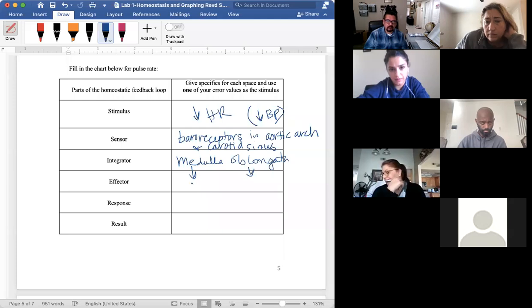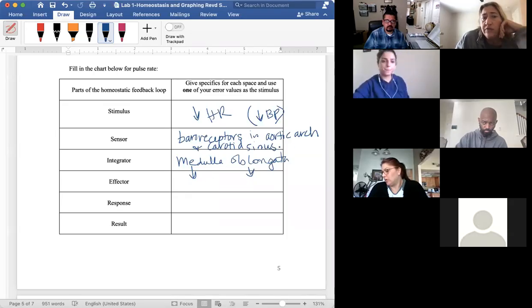I don't know. I think I'm wrong. No, go ahead. What do you think? It always helps with discussion. I'm a bit lost. I have a question for the integrator, can it be the carotid sinus as well? Or no, because that's where the sensors are.